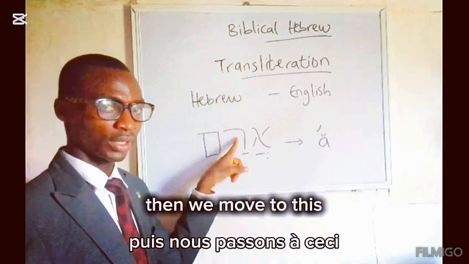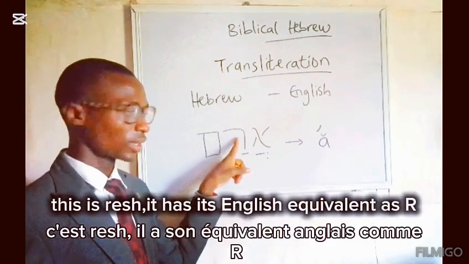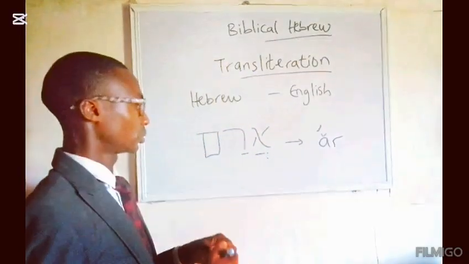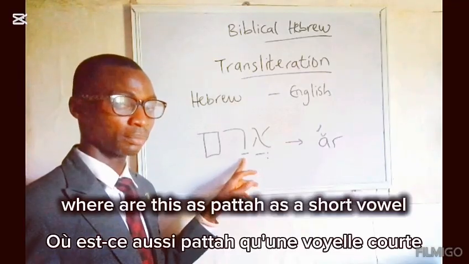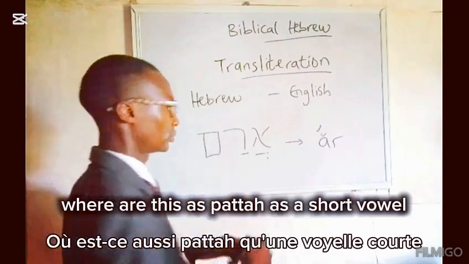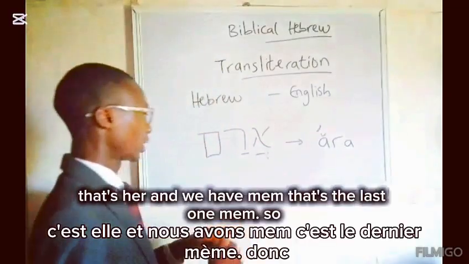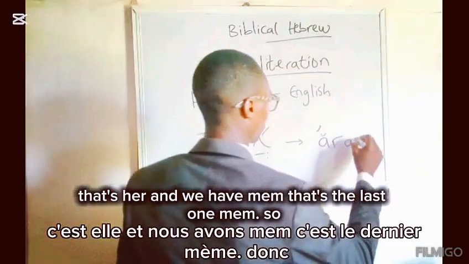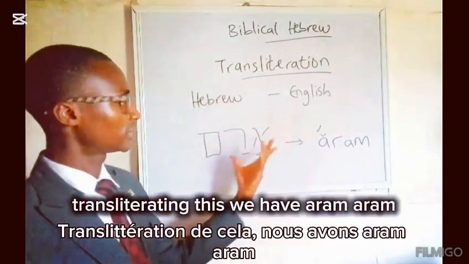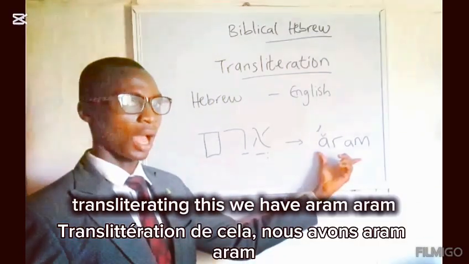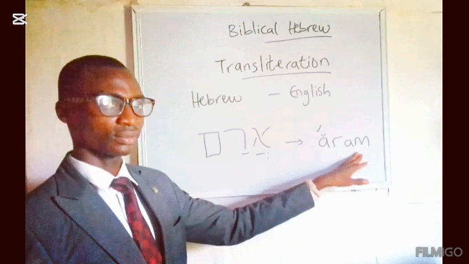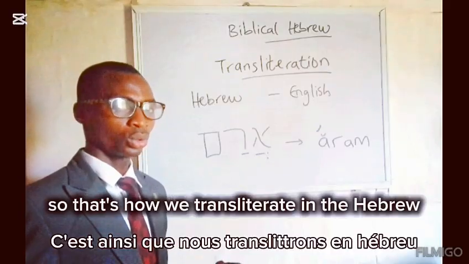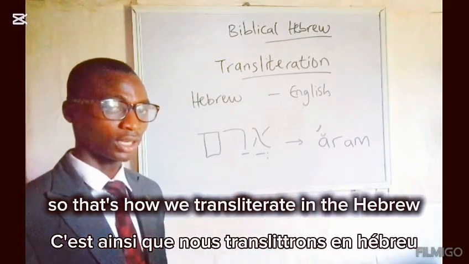Then we move to this. This is resh, and resh in English is r. We have this as pata, a short vowel. That's ra. And we have mem as the last one. Mem. So transliterating this, we have haram. So that's how we transliterate in Hebrew.